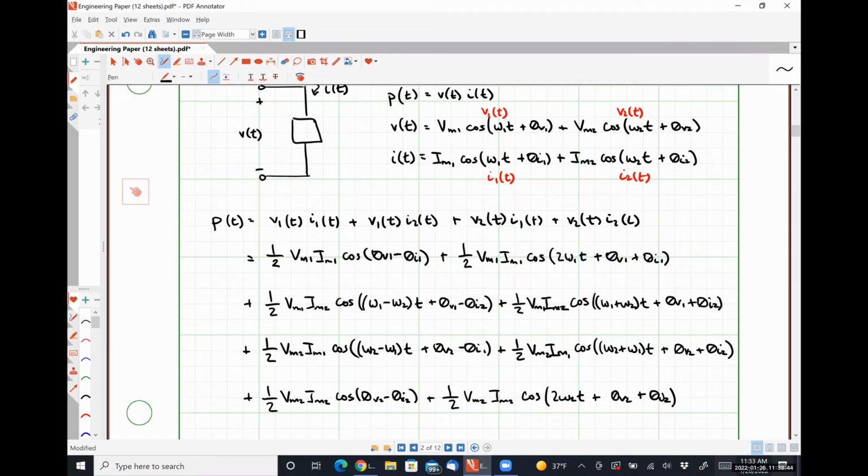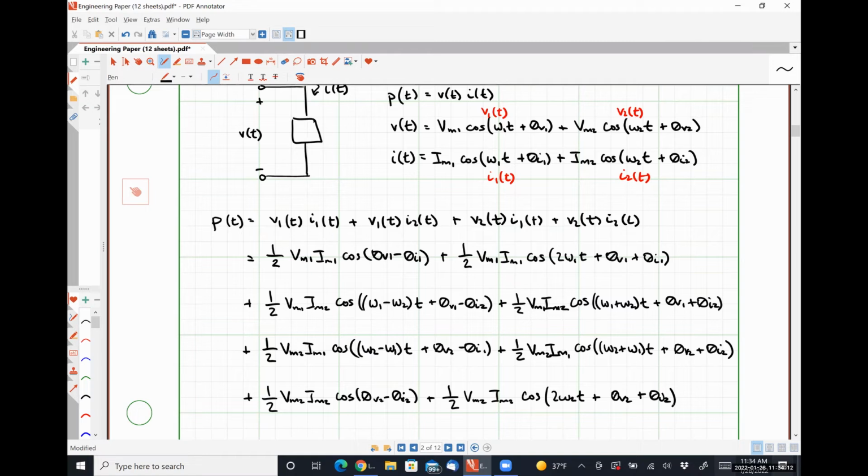But here, even though we have what should be a nonlinear relationship, since it's a product of voltage and current, superposition will work because all of these cross frequency terms have an average value of 0 because they're all simple sinusoids. And over time, the average value of a sinusoid is 0.